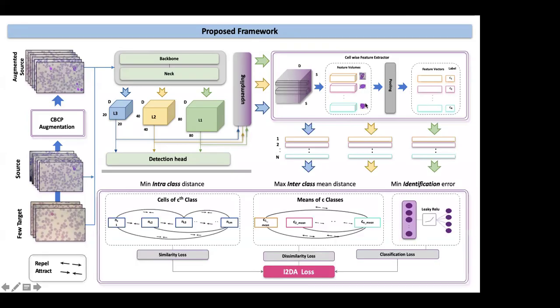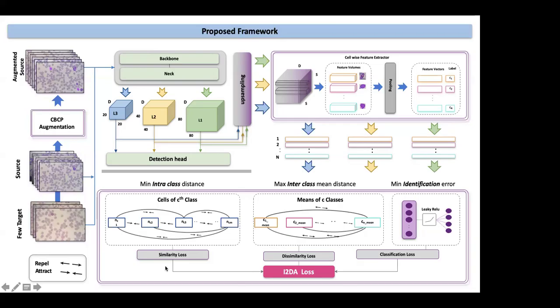And also what we did is that once we have these features, irrespective of whether the cell is coming from the source or from the target, we try to minimize the distance within the class and maximize the distance across the class. This is useful because we want to exploit the information that we have some few shots available, so we actually utilize those.